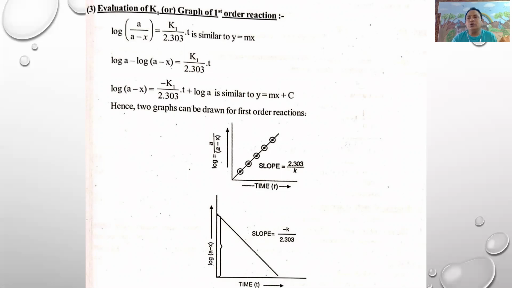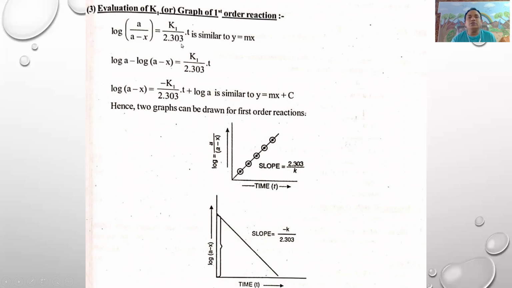Here the first order rate constant equation is K1 equal to 2.303 by T into log A by A minus X. That implies log A by A minus X equal to K1 by 2.303 into T.